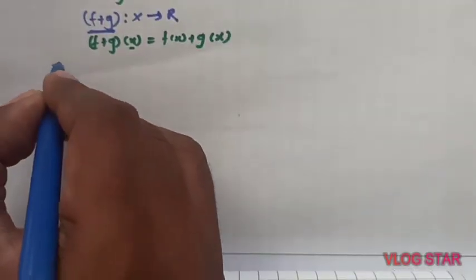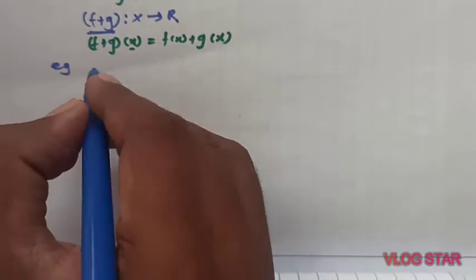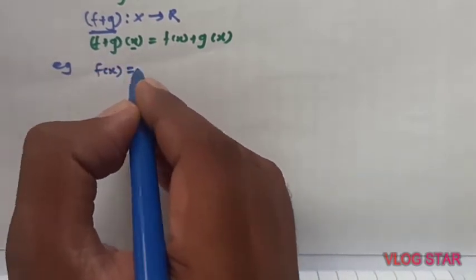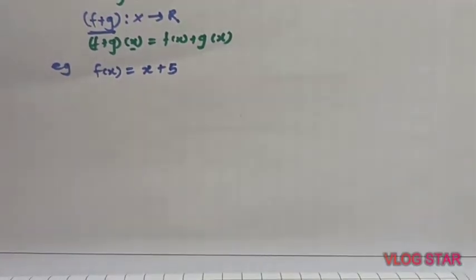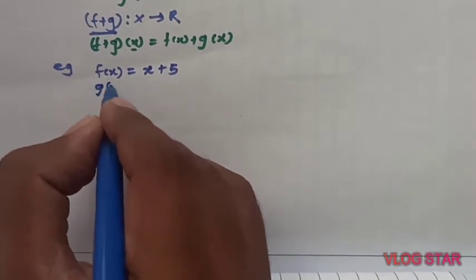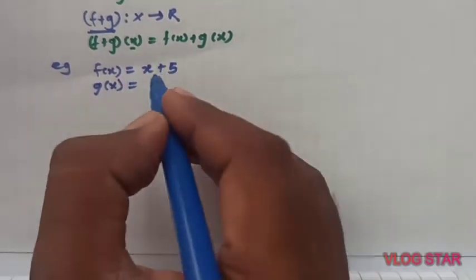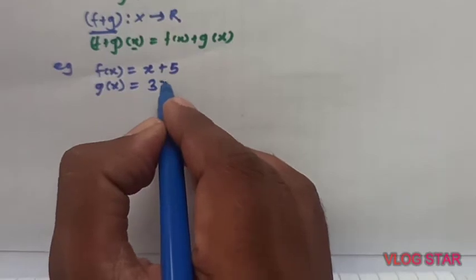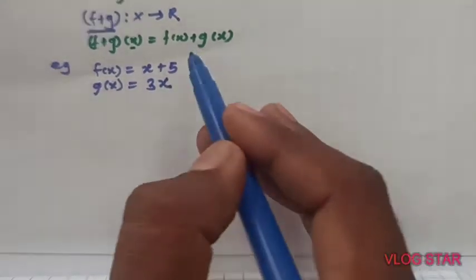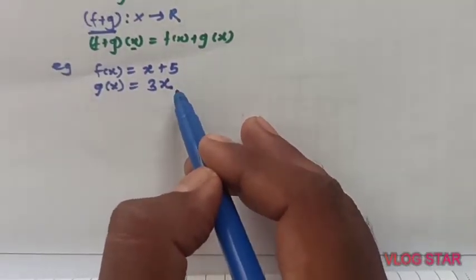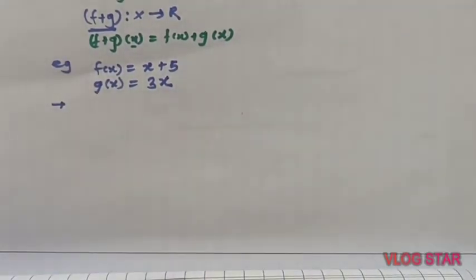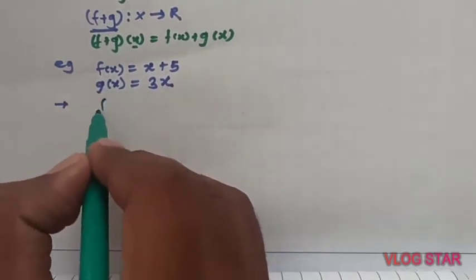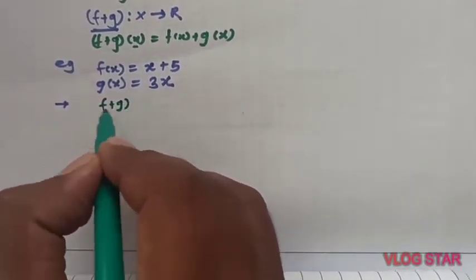For example, I have a first function, f of x defined as x plus 5, and another function g of x which is defined as 3x. We have two functions, first is x plus 5 and second is 3x. We will find out f plus g, the addition of the two functions. I want f plus g of x.